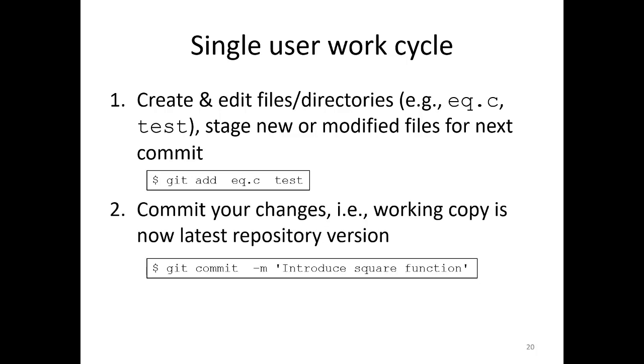So then you commit your changes, so the working copy is now the latest repository version, and this you do with git commit -m with a message, and we'll come back to that message later on. And then basically you continue up to the point when you are done. Okay, that's your single user work cycle for a repository which is local.